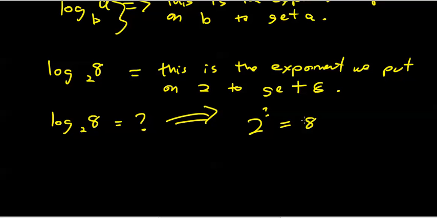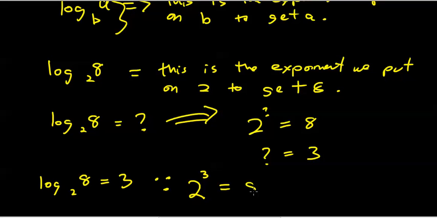I'll say 2 to what power equals 8? And of course, you're going to tell me 3. Question mark equals 3. So I can say that the log of 8 base 2 equals 3 because 3 is the exponent I put on 2 to get 8.